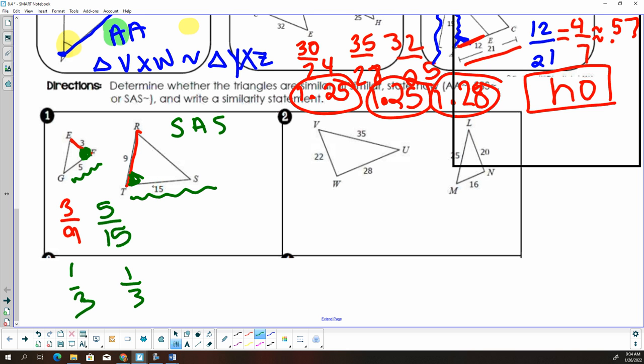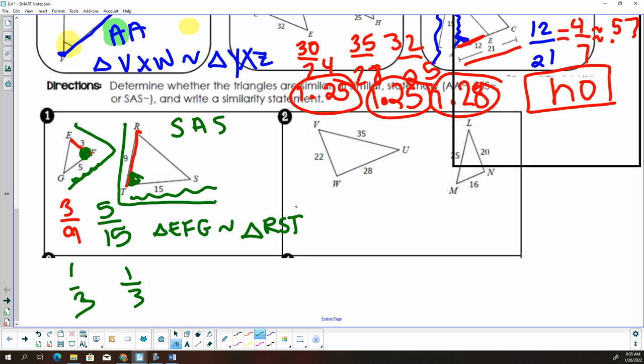SAS, so side angle side. We're going to say triangle EFG is similar to the triangle what? EFG, RST.